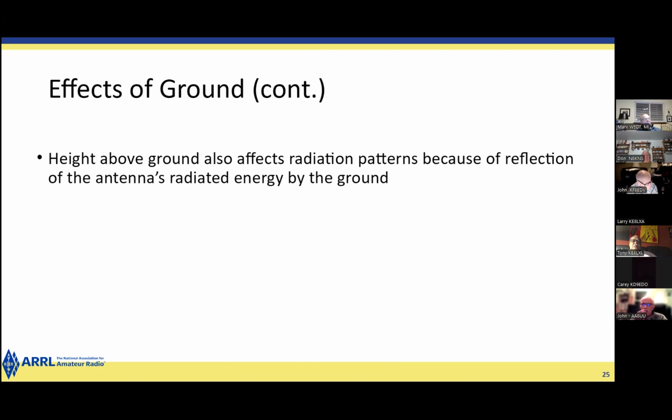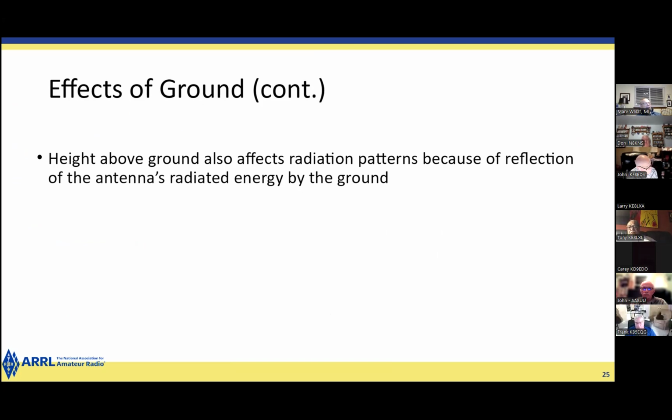So the height above the ground affects the radiation patterns, because of the way the ground affects it.